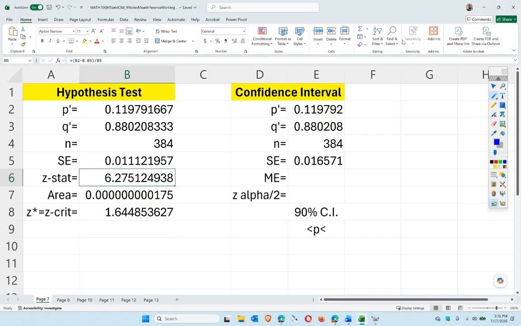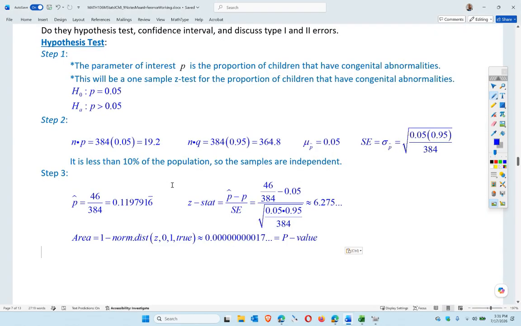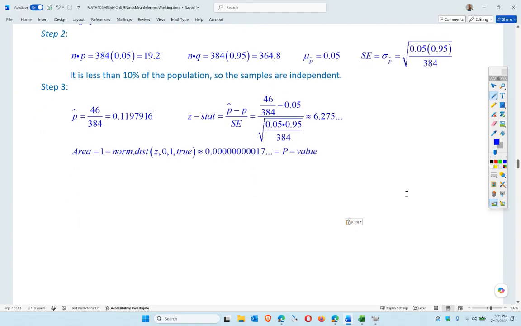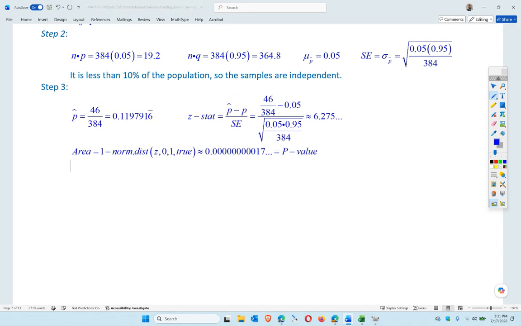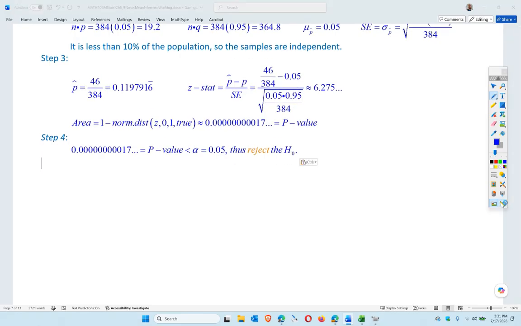And we got this right here, which is 9 zeros and a 175, which is clearly a very, very small value. And you can prove it that we also need to reject here too. So step 4 is we need to reject this, which should make sense.